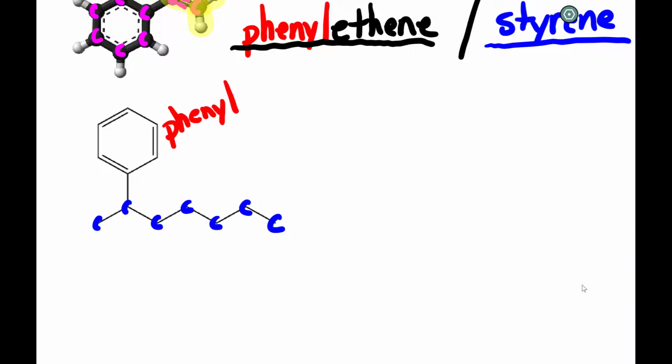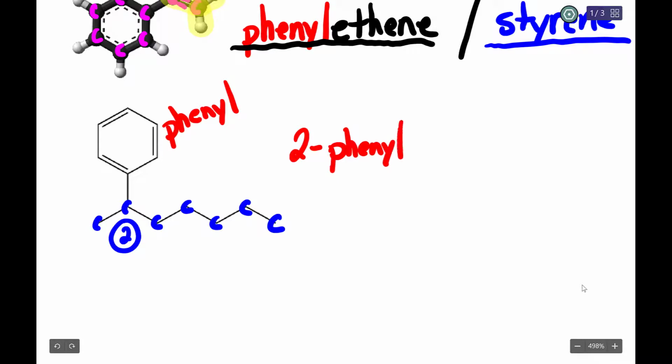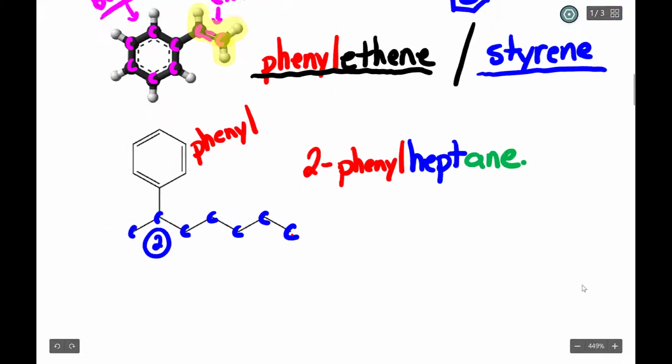It's not attached to carbon number 1. This is actually attached to carbon number 2. When it's attached to the middle of a chain, it takes the phenyl prefix, and I also have to give it a location. So this would be 2-phenyl. That's my branch. I've got 1, 2, 3, 4, 5, 6, 7, so heptane is the main chain. The main chain is all single bonds, so 2-phenylheptane.